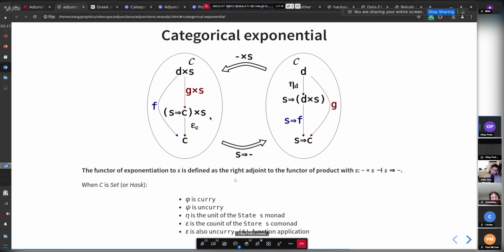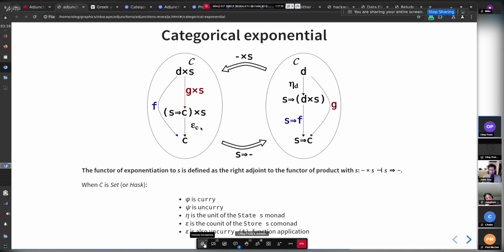Now there's also a co-monad here. LR is supposed to be a co-monad. So this guy, a pair of function and S, is called the store co-monad, and epsilon is its extract.